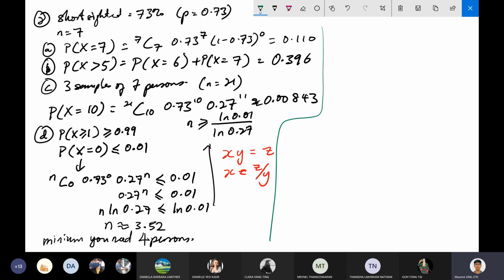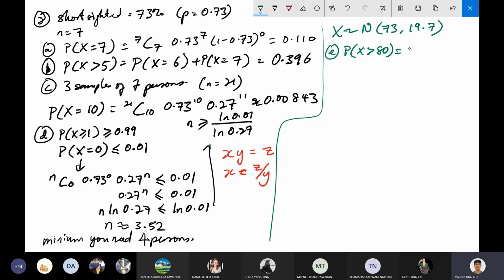Okay. So when the sample size is large enough, the number of people short-sighted actually follows a normal distribution. So your X is normally distributed with 73 as the mean and 19.7 as the variance. Remember, these are variance. So for part E, X is more than 80.